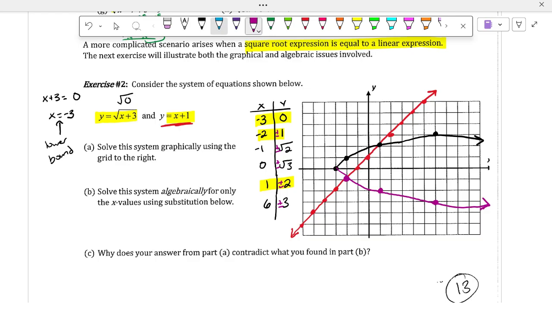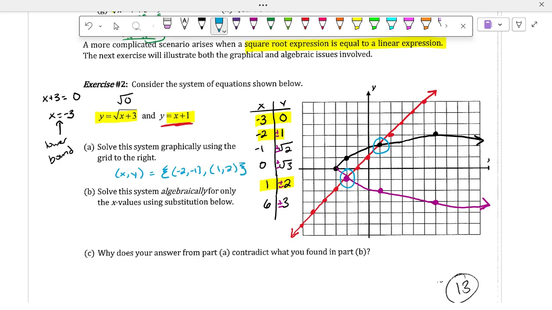All right. So I got -2, -1, and I got 1, 2. Because remember, if you're solving a system, you need an x and a y. So (x, y) is equal to the 2 points of (-2, -1) and (1, 2).